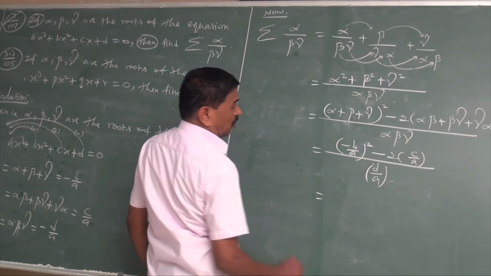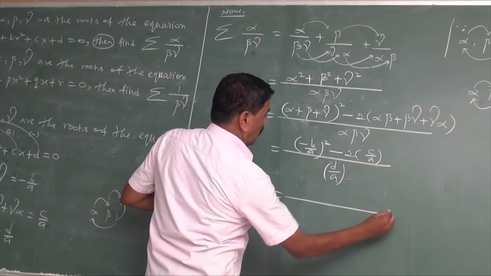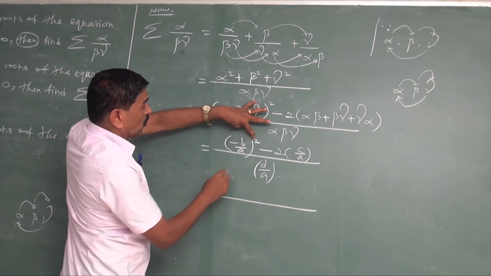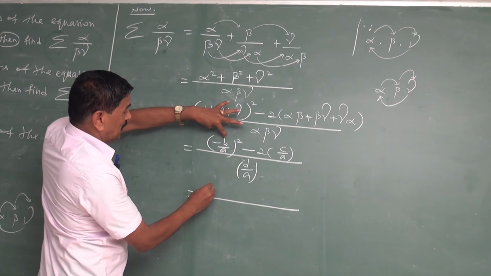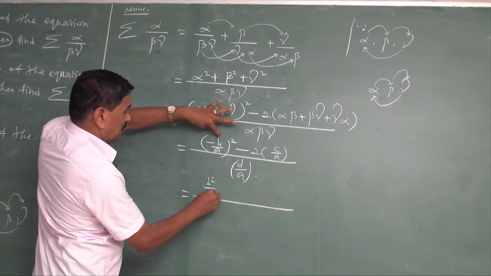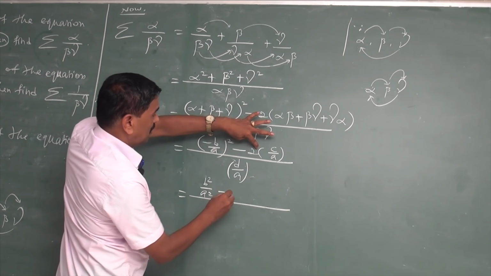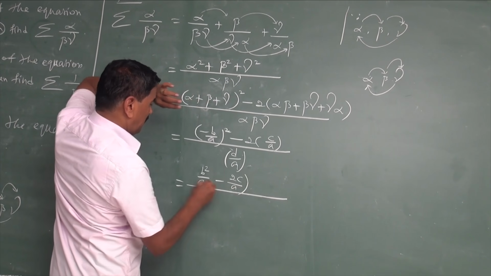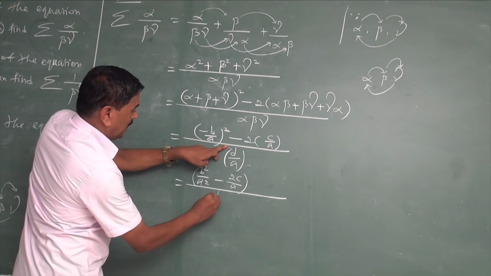That's all. Now simplification, a long division. Consider the numerator: minus b by a the whole square, that is b square by a square, minus 2c by a, divided by d by a.